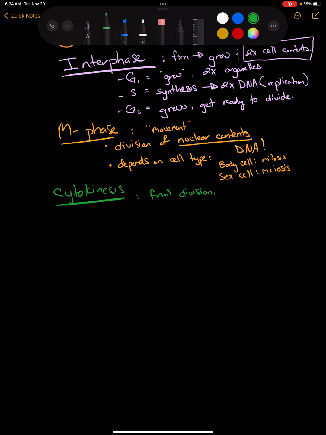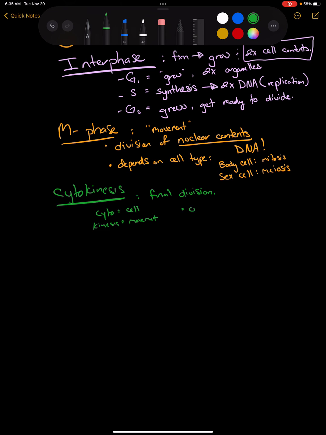This is where I divide up my cytoplasm, because remember cyto refers to cell, and kinesis means movement. So my cell is literally moving, right?